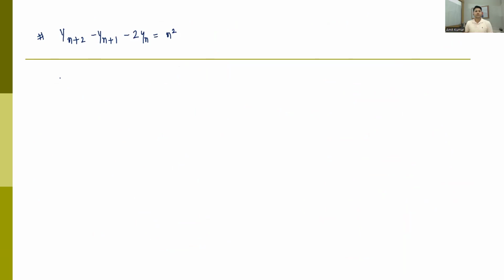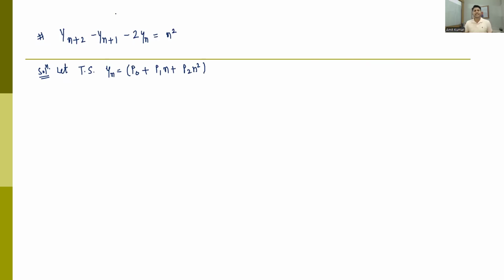Okay, so let us write the trial solution. As it is a polynomial of degree 2, let the trial solution y(n) for the given equation be a second degree polynomial: p0 + p1 n + p2 n square. This is your trial solution.